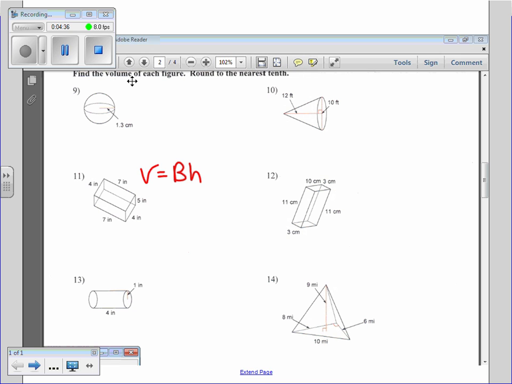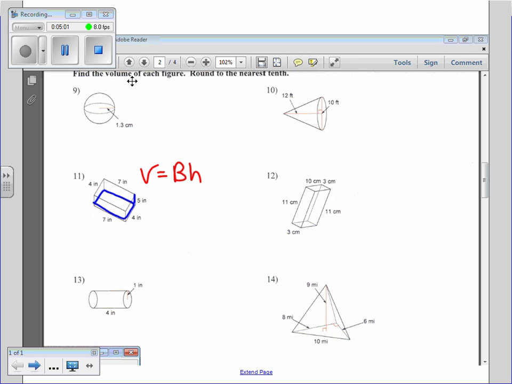They might say, well, the base is going to be this right here. And if that's the case, I find the area of that rectangle, and if I keep stacking those, I finally fill it up, and that would be my volume. So I think I'm going to pick this one right here. I'm going to try to find the area of this rectangle, and then I'm going to end up multiplying it by that height when I'm done.